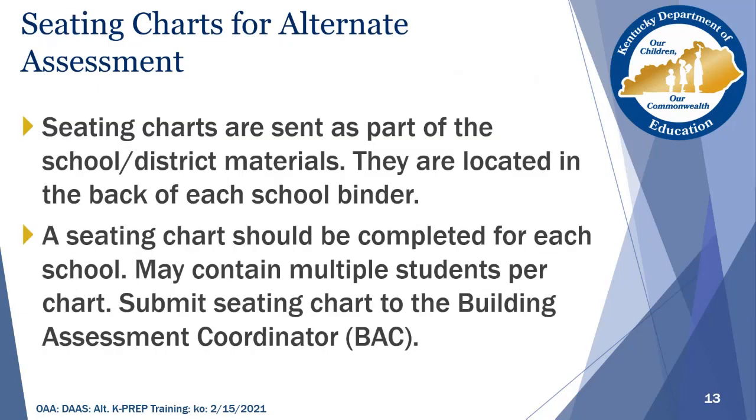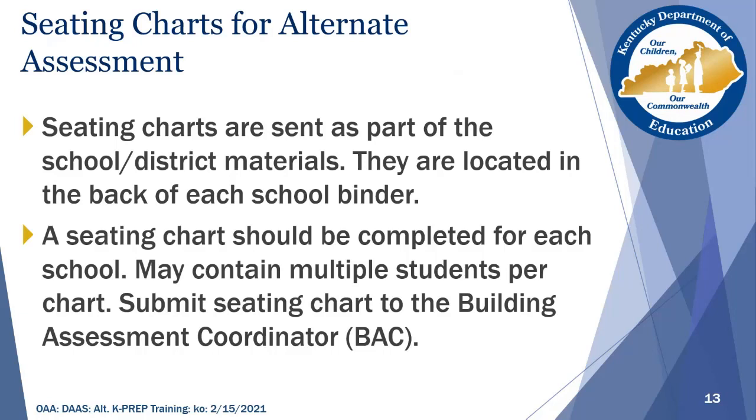So copies of the seating chart for alternate assessment students will again be received with the materials. They are located in the back of each school or district binder. So in that binder that you'll receive, where tasks A through C, remember, will be placed, in the back of that binder will be the location for seating charts. A chart should be completed for each school and then returned to the BAC or DAC to keep on record.